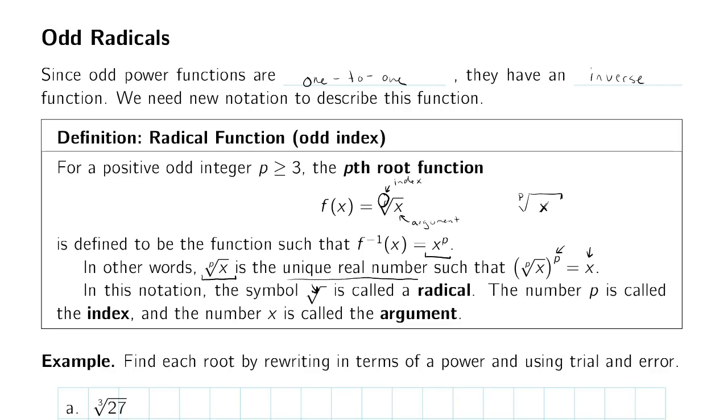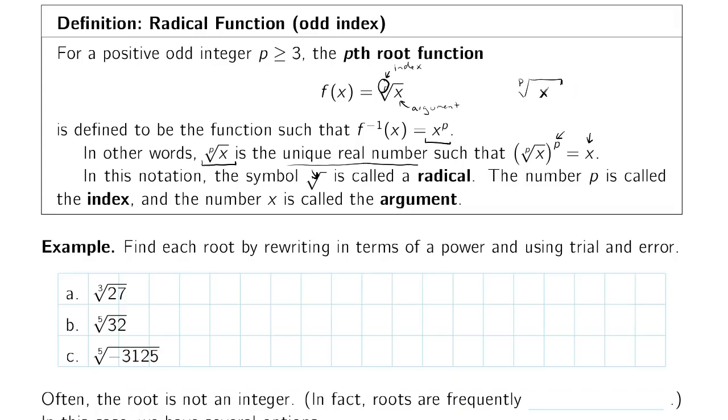So we can take some pth roots of numbers here. And there are lots of methods we can use, but the most basic method for figuring out a pth root is just trial and error. So if we want to take, for example, the third root of 27, we can just guess some numbers. 1 to the third power is 1. 2 to the third power, that's 8. 3 to the third power, oh, we get 27.